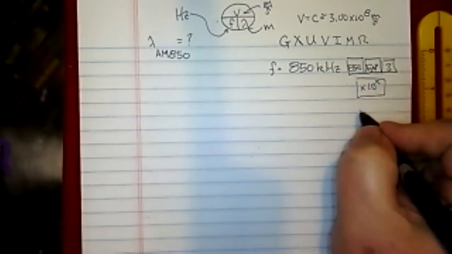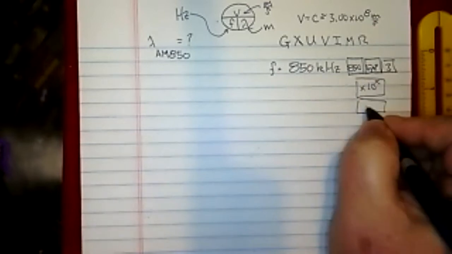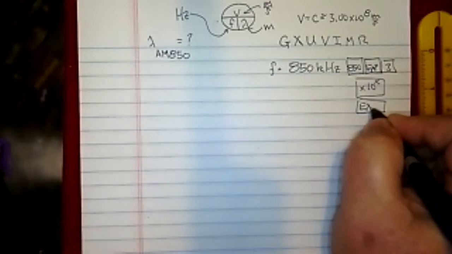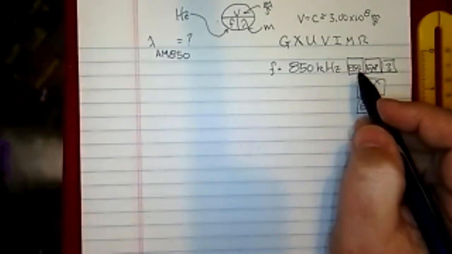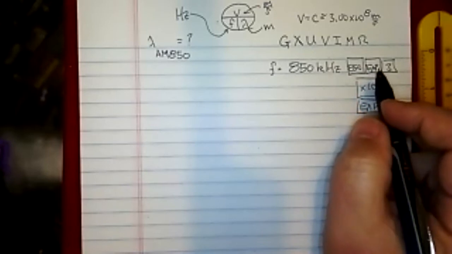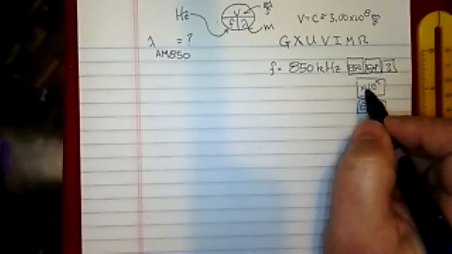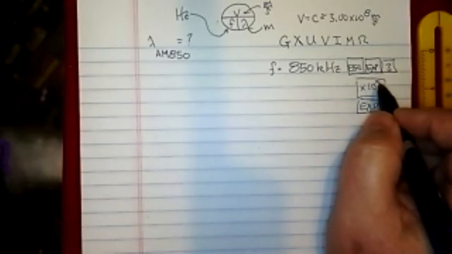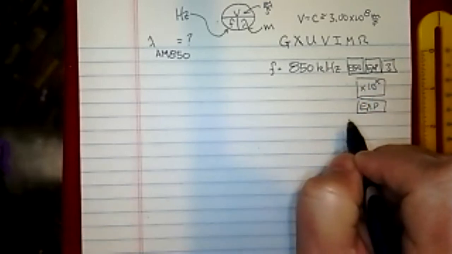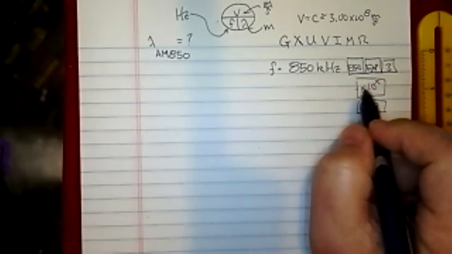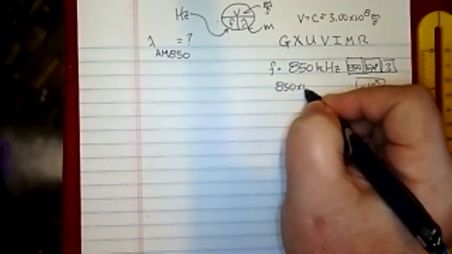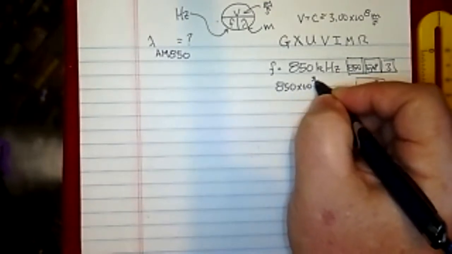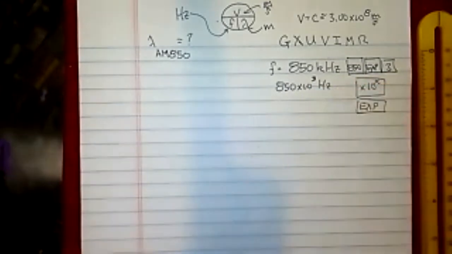I didn't write that very clearly, so I'm going to write it again, EXP button. If I type in 850 EXP, it's going to pretend what you just wrote down was times 10, and the number you put next will go in that exponent. So 850 times 10 to the third is the frequency in hertz that this radio station is.